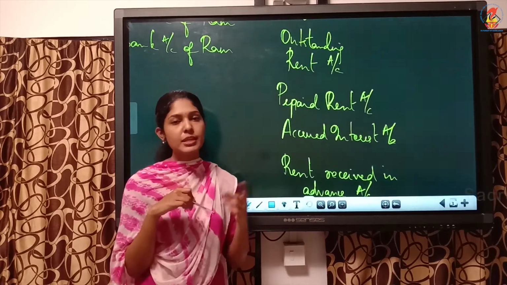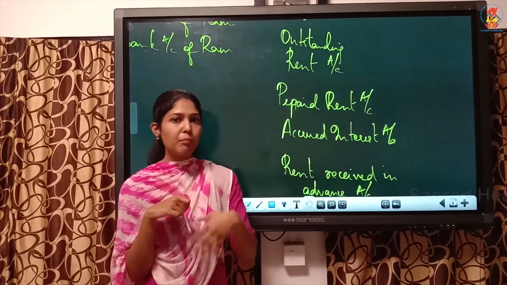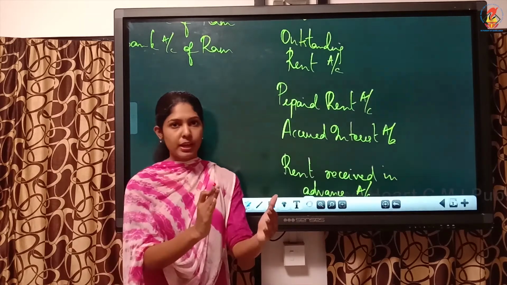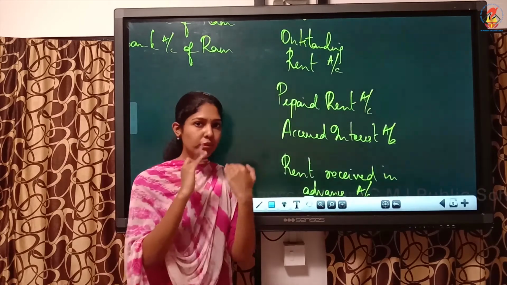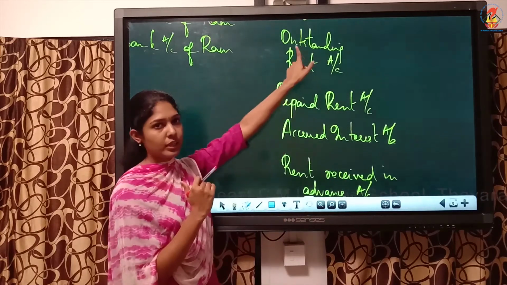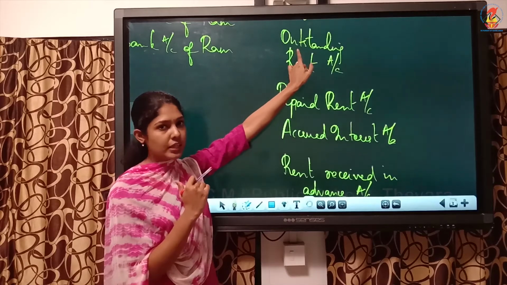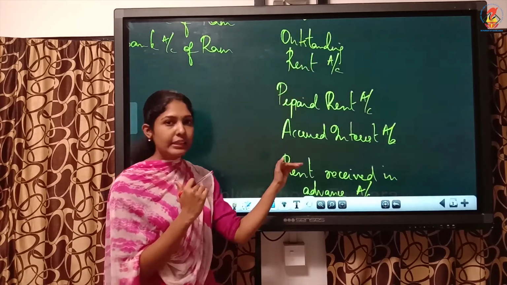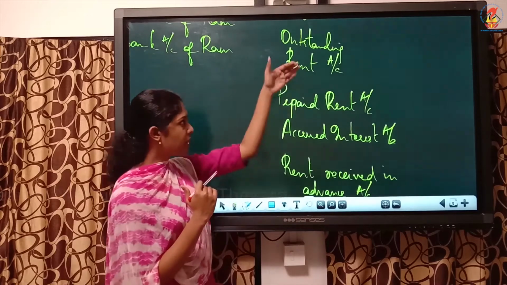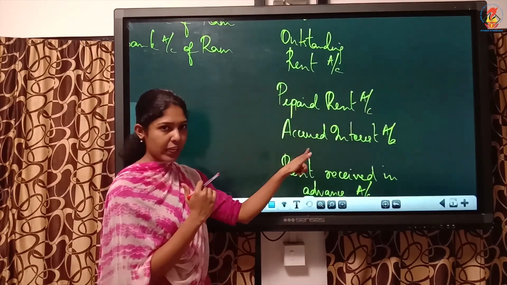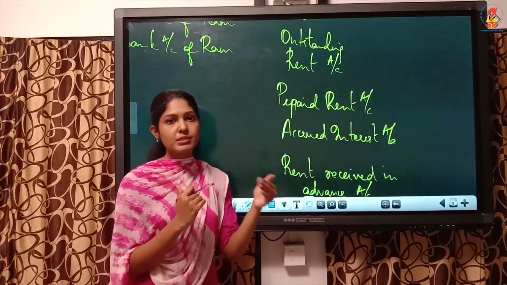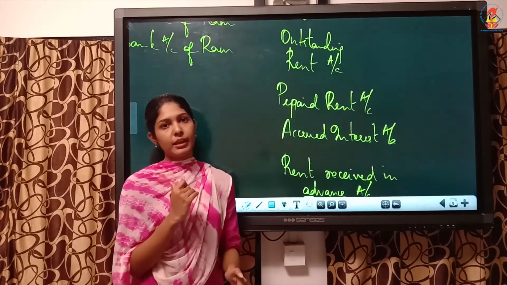If that broker asks for this amount back, your firm has a liability to pay this back. So before the date, if you receive something, that's called in advance. That comes under this representative personal, and the nature of this item is a liability. So among this, prepaid and accrued are assets, outstanding and rent or income received in advance are liabilities.